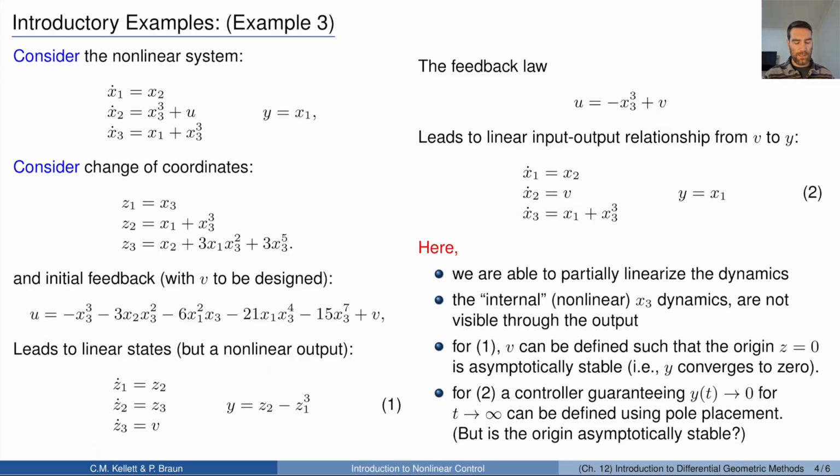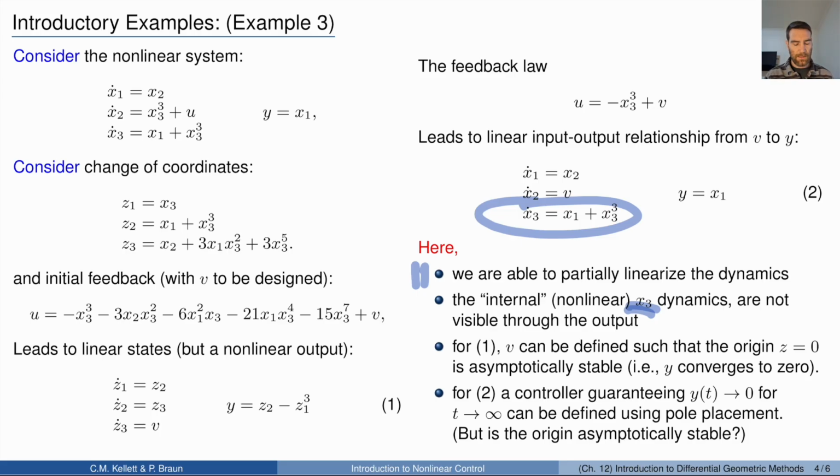So, in particular, if we want to summarize that, here we are able to partially linearize the dynamics. The internal or nonlinear dynamics, here in this case, the x3 component, which are nonlinear, we actually see that they are not visible through the output y here.